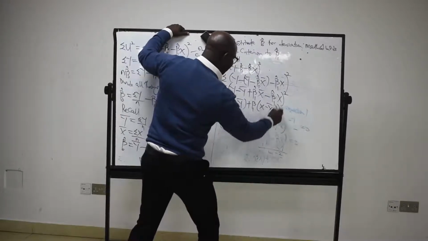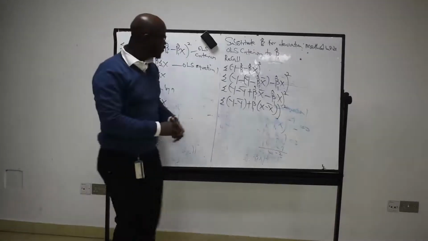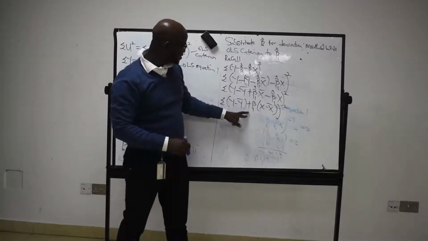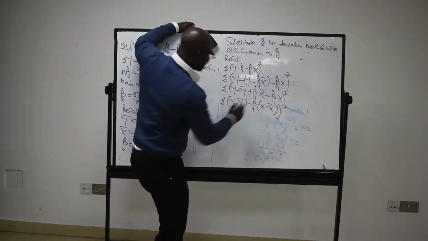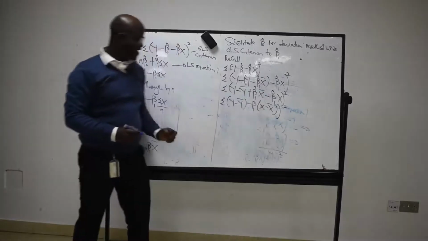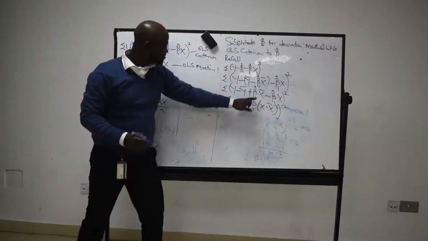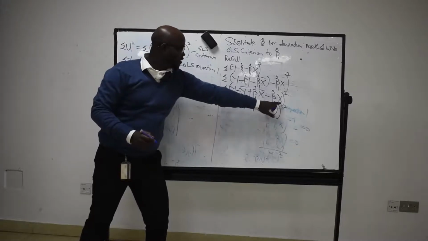Class, check this, x minus x bar. That means if you expand this, then this will be minus. Class, this will be minus. So if you expand this, we'll get this back. So beta 1 times x, we have minus beta 1 x.